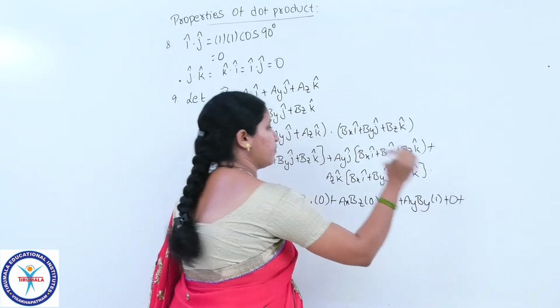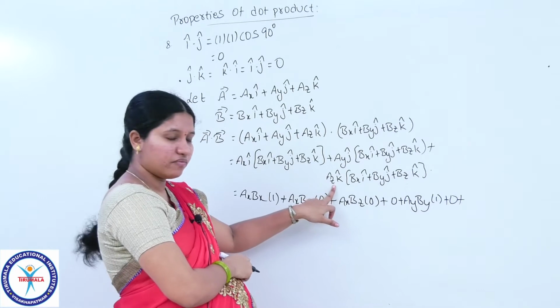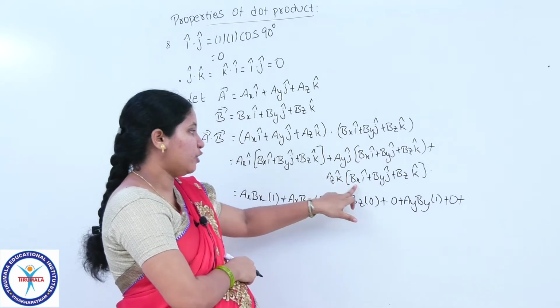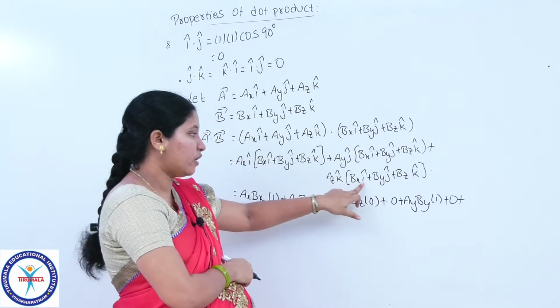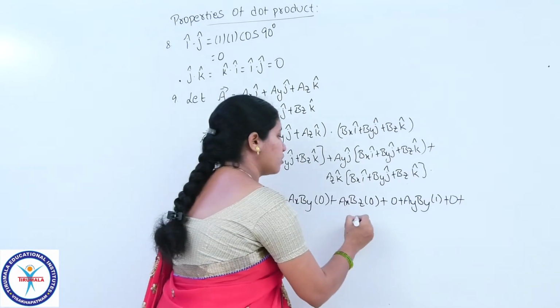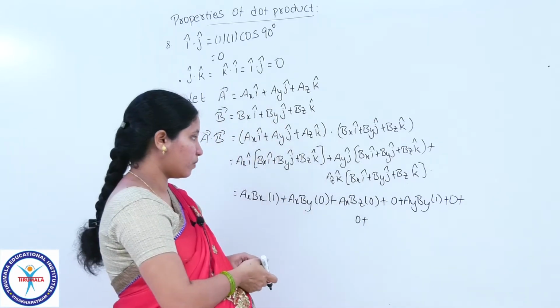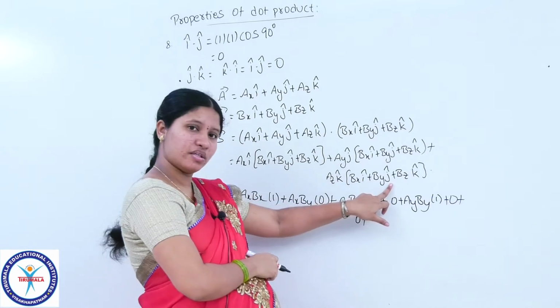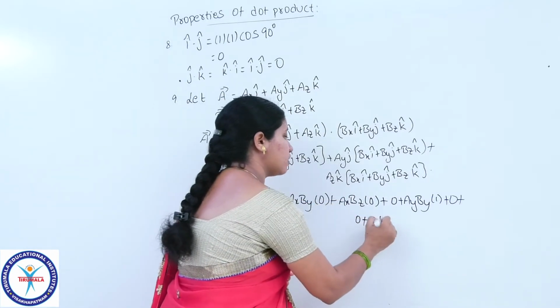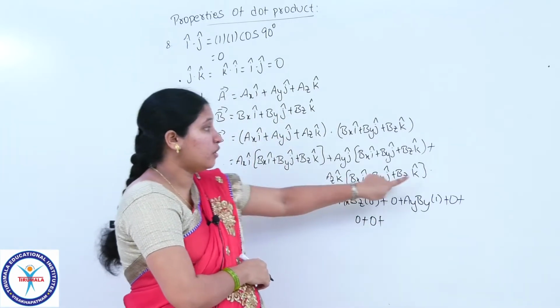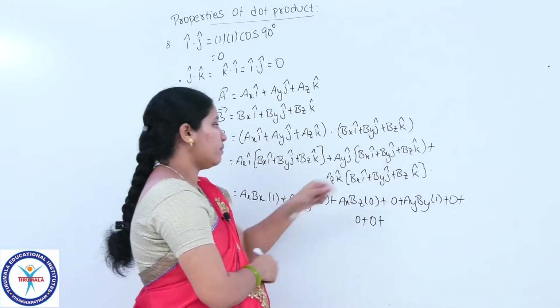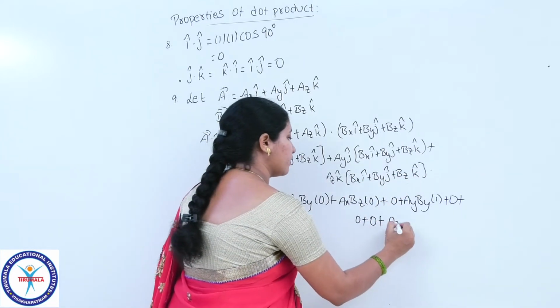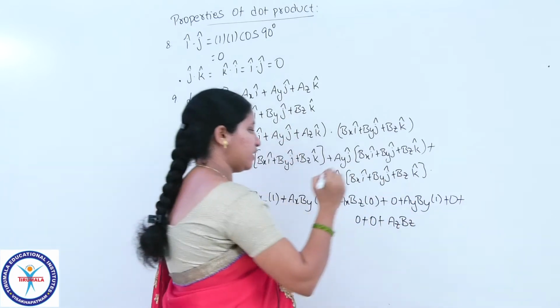Let us come to the next, that is az into bx. k dot i is 0, so the whole term becomes 0, and k dot j is 0, hence that is also 0, and k dot k is 1. So the coefficient is az into bz.